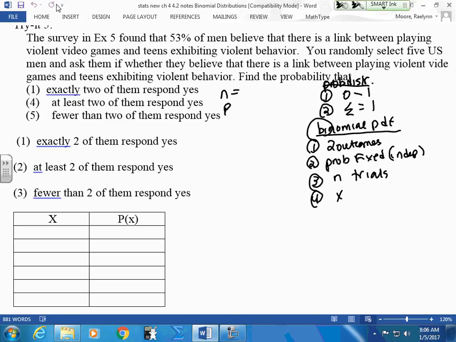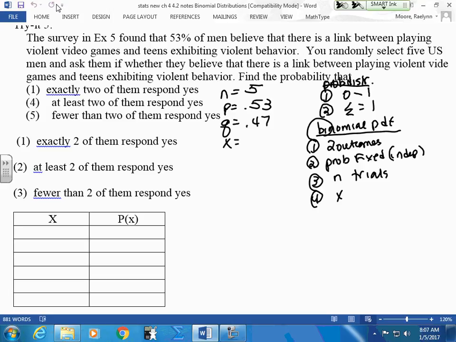Okay, great. Now we're going to start this. Lay these out: N, P, Q, X. What's N in this situation? 5. What's my probability of success? The probability that this man believes that there is a link. 53%. What's Q? Not 57. 47. 1 minus 53.